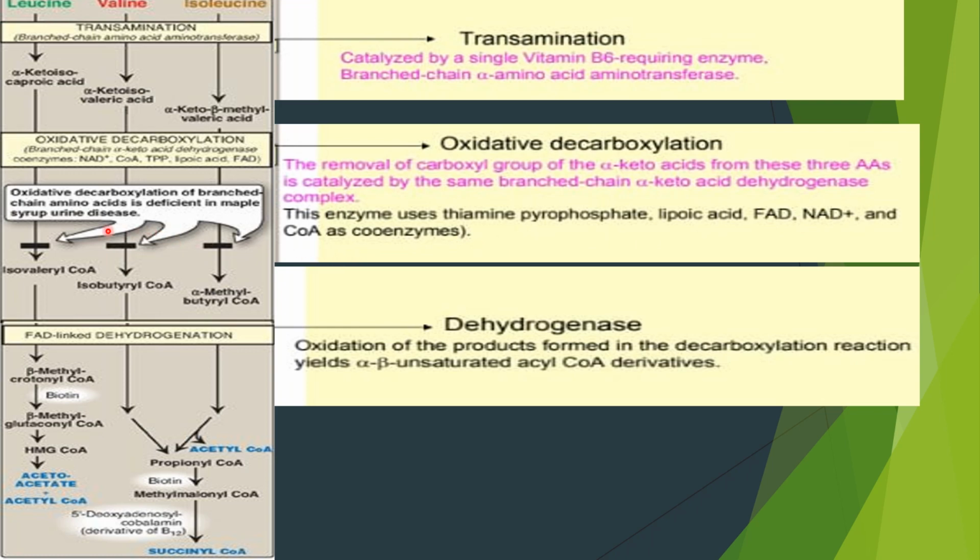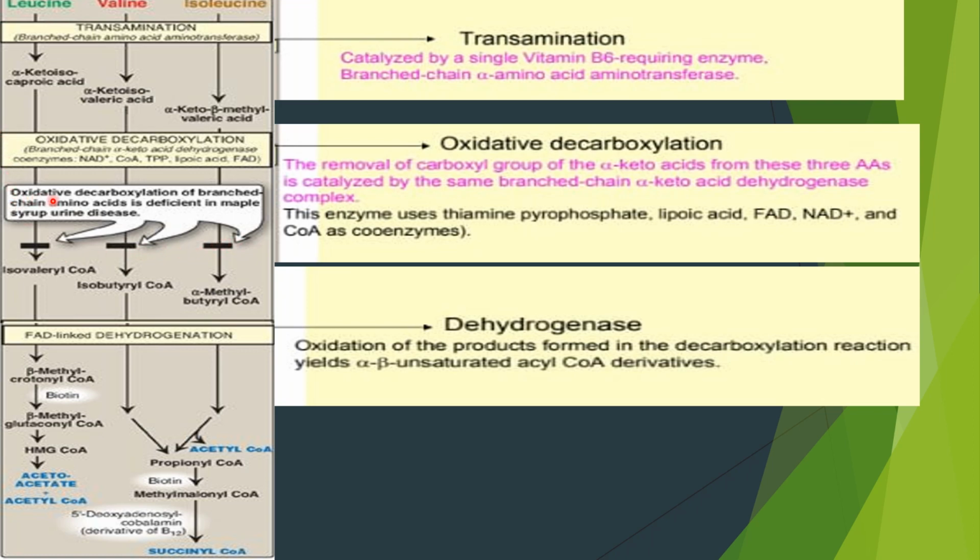During maple syrup urine disease, this enzyme, branched chain alpha keto acid dehydrogenase, is not working properly. So these alpha keto acids are not processed further, and the further reaction does not proceed.